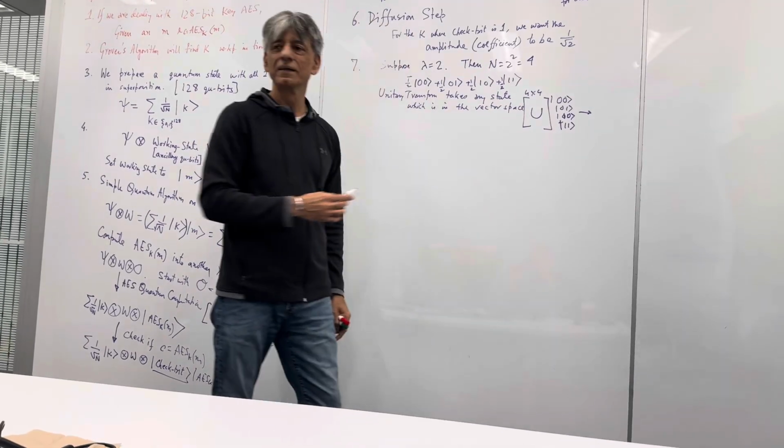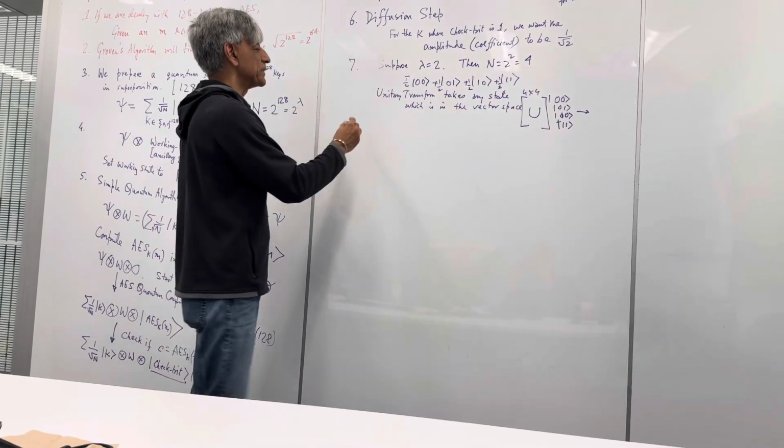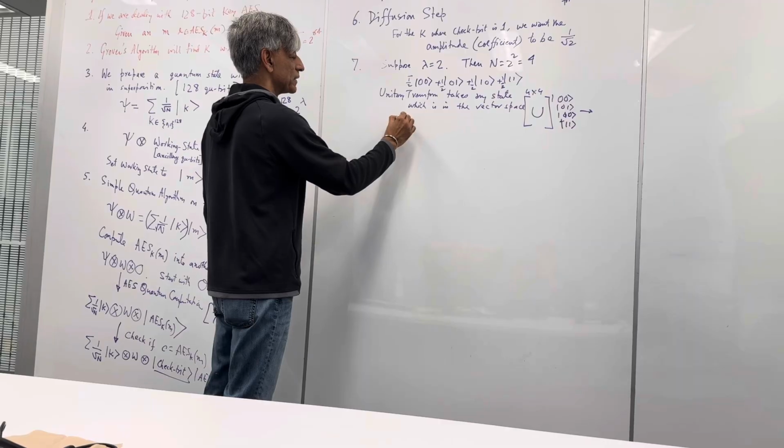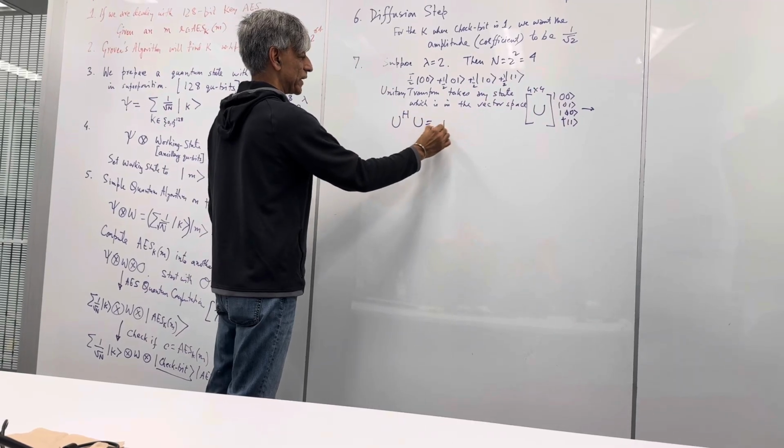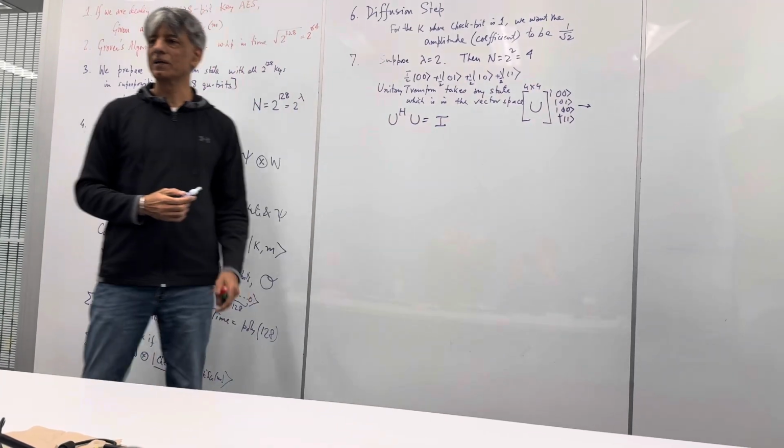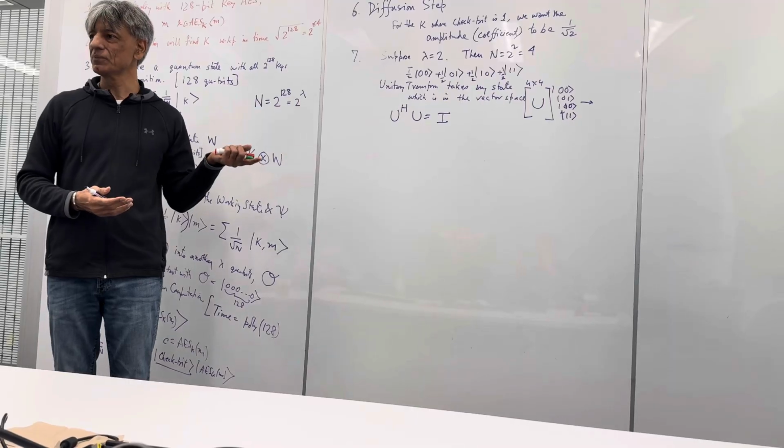And the property of a unitary transform is that U Hermitian U is equal to I, where H stands for the Hermitian transform.